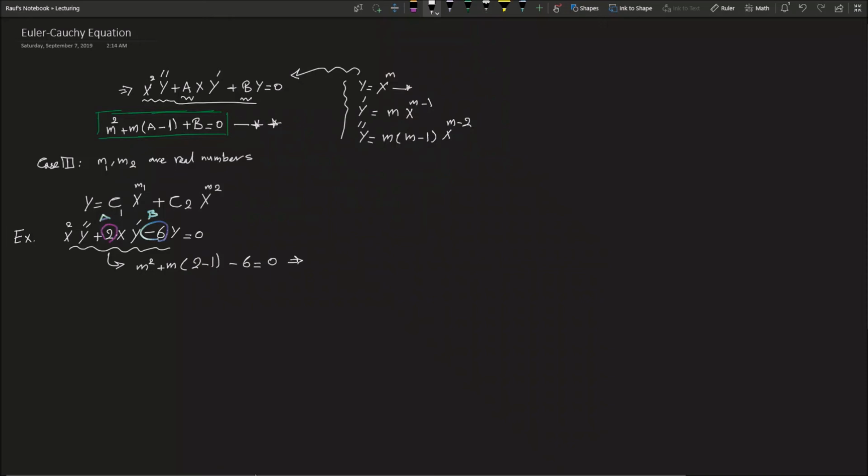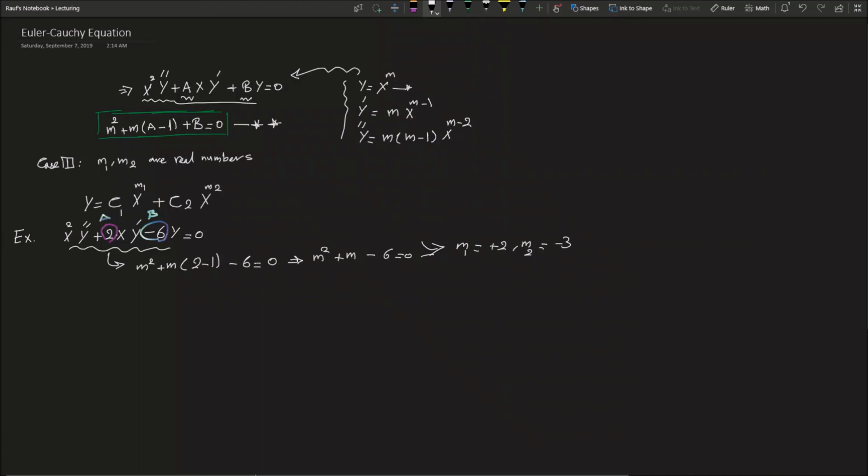We can simplify this form to m squared plus m multiplied by 1, of course, minus 6 equals 0. Now, finding the roots of this equation will give you m1 equal to plus 2 and m2 equal to minus 3.